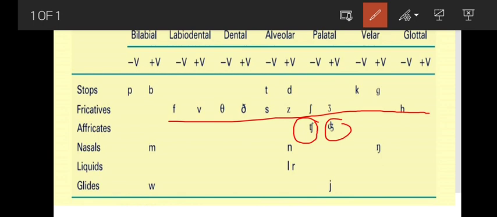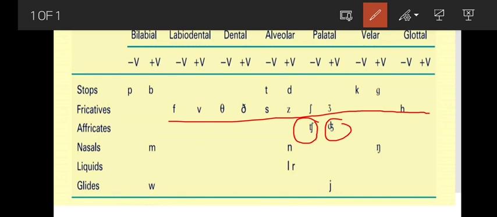Both of these sounds are affricates. Why are they called affricates? If you combine a brief stop of the air stream with an obstructed release, which causes some friction, you will be able to produce sounds like ch and j. The ch is voiceless and j is voiced.